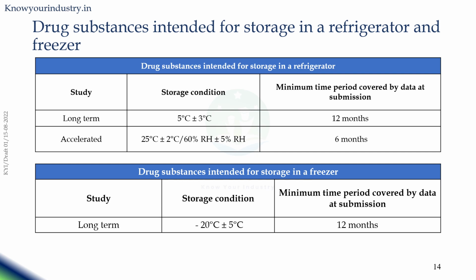Drug substances intended for storage in a refrigerator should be studied at least 12 months under refrigerated conditions and 6 months at 25/60 conditions. And there are certain drug substances that should be stored at minus 20, which have to be studied for 12 months as long-term conditions.